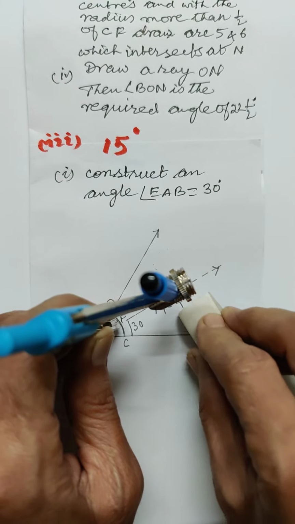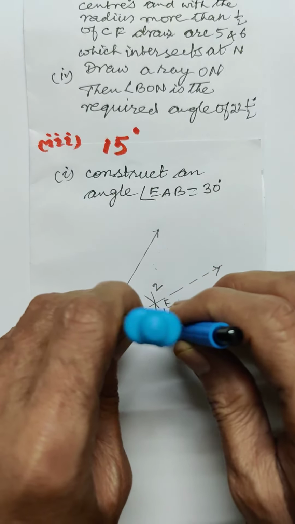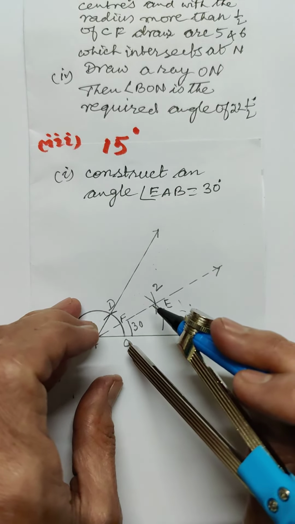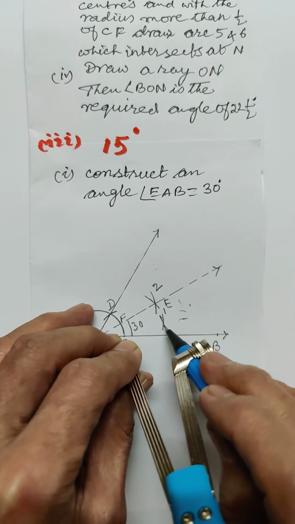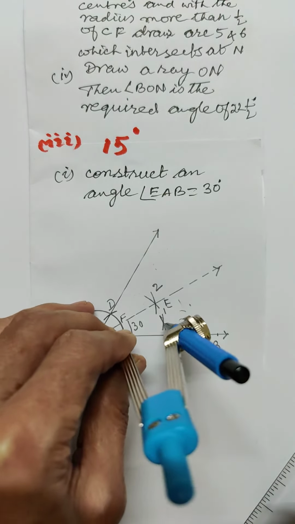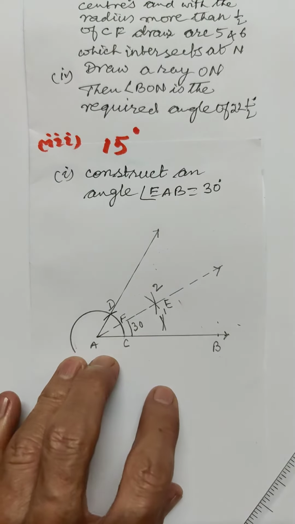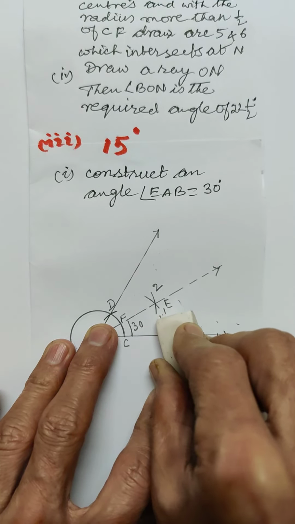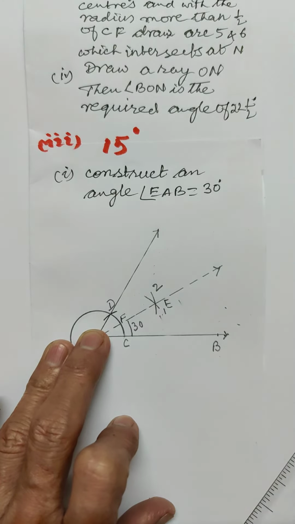Arc should be a little less. Taking another arc, a little large.